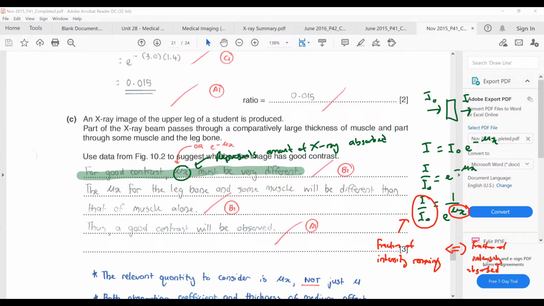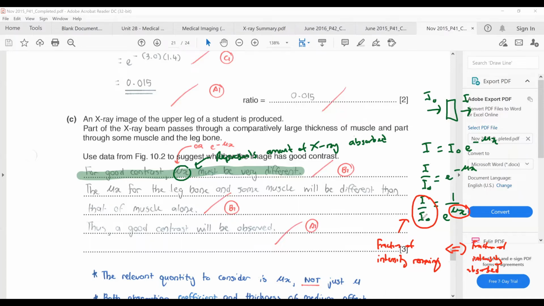Okay. If you absorb a lot, you are going to have very little intensity remaining. If you absorb very little, you have a lot of intensity remaining. Okay, the relation is inverse now.